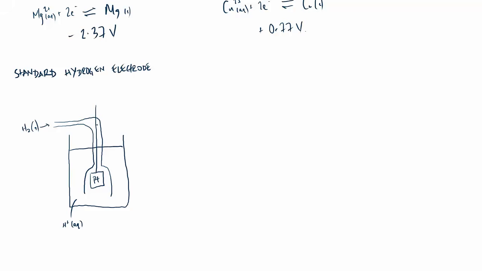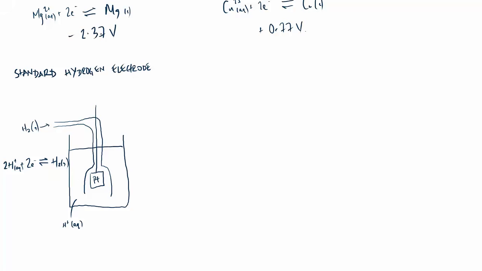So we've got hydrogen gas bubbling in, and we've got a solution containing hydrogen ions around here, which is fantastic. And if we look at the equilibrium that would be present here, we would find that we have 2H+ plus 2 electrons going to H2, with this being a gas and this being aqueous, just like that.